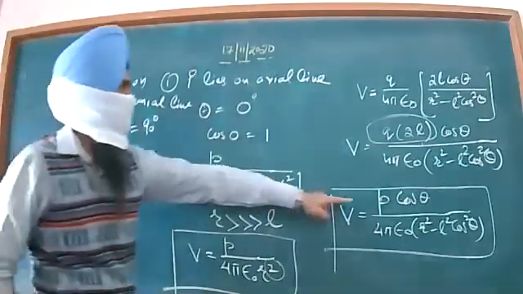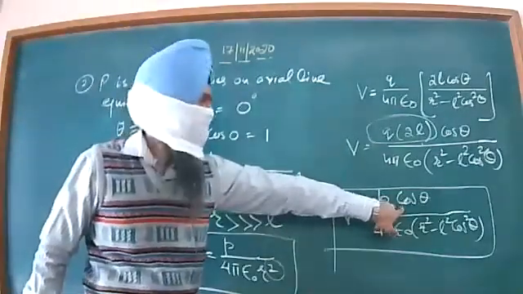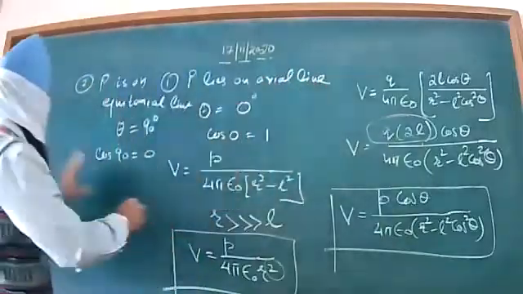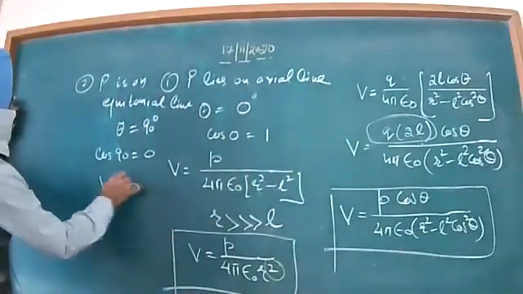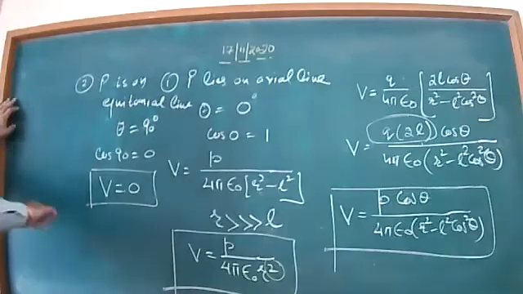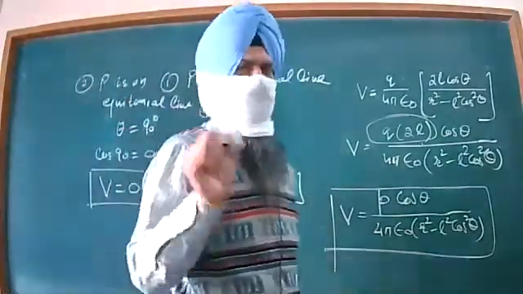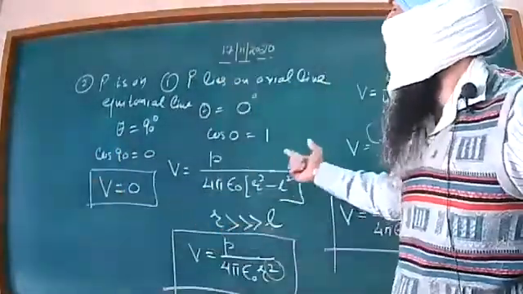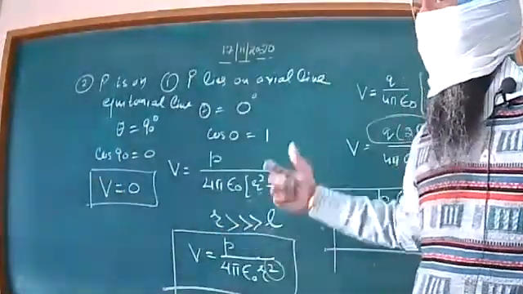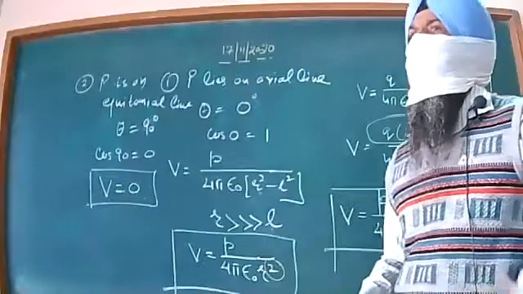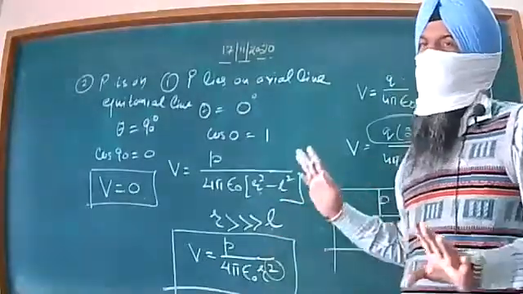Simply substitute cos of 90 over here. It will make everything 0. Your electric potential at that point will become 0. So these are all small sub-special cases related to your discussion about the electric potential at a point due to the dipole. Any doubt in this all?